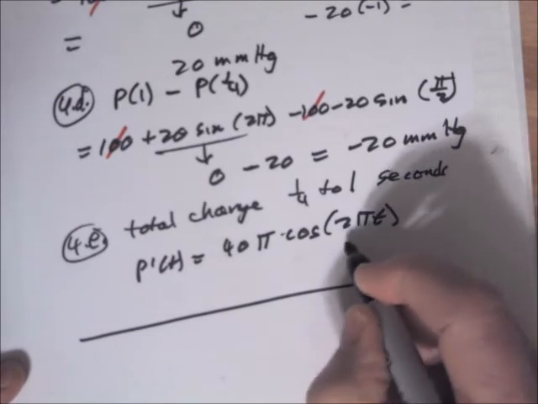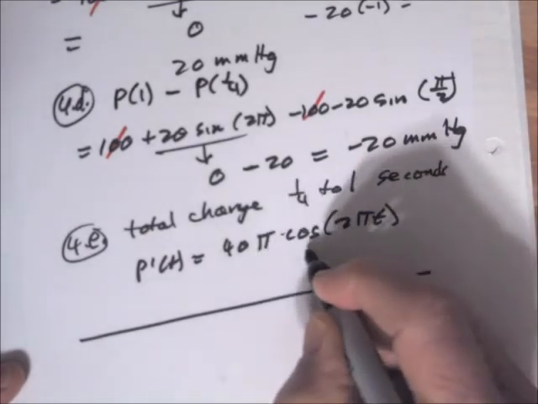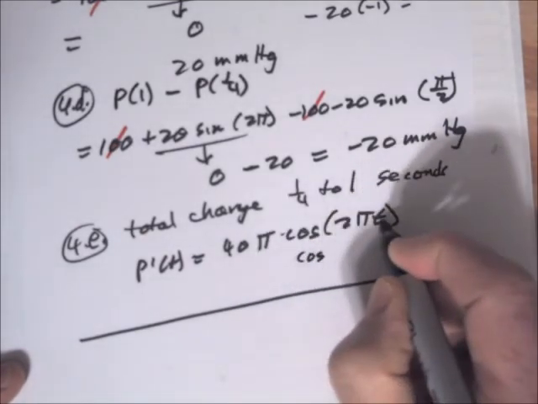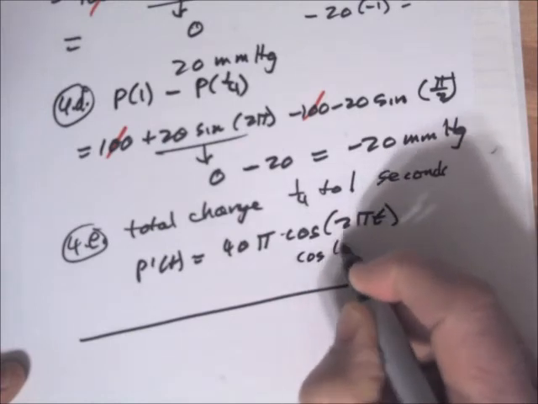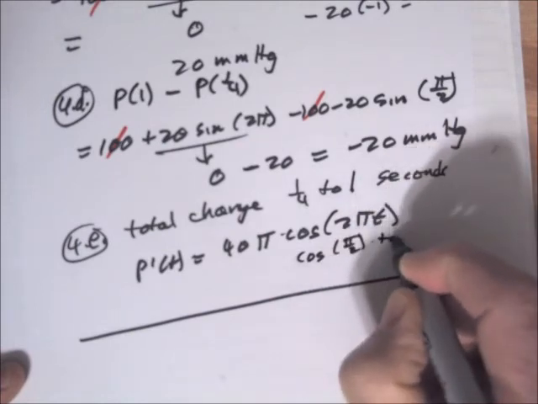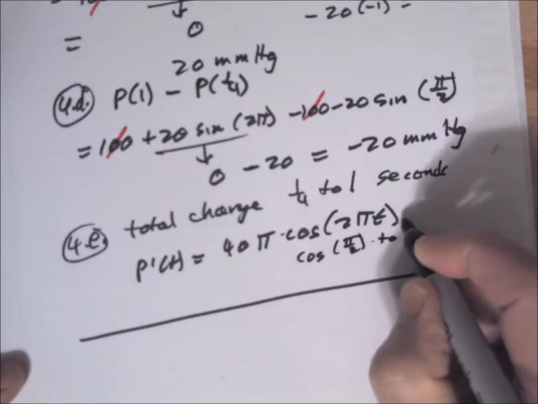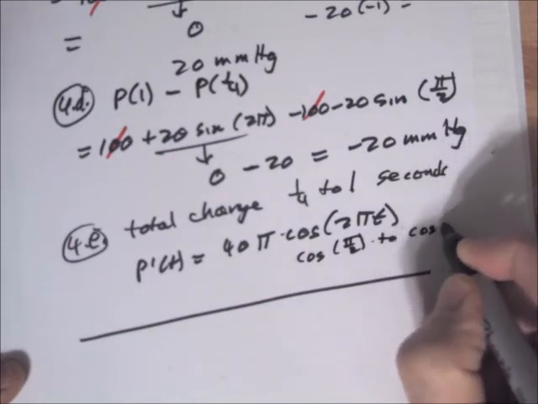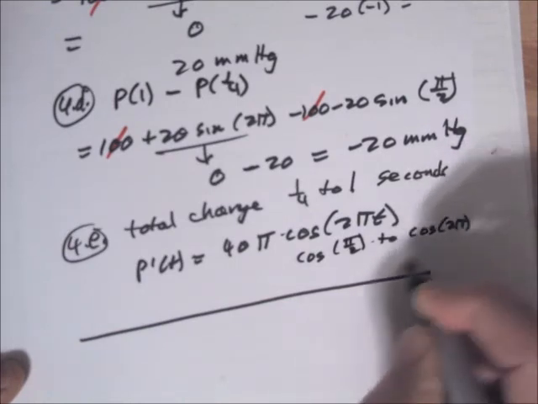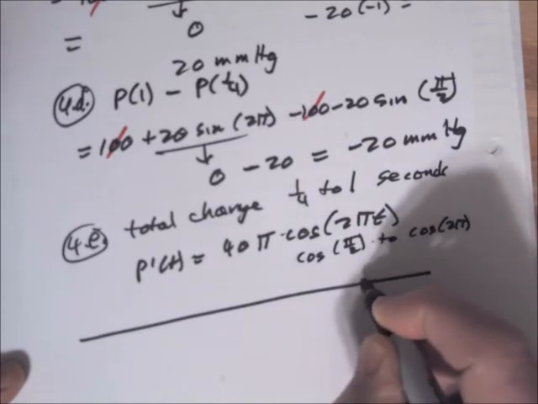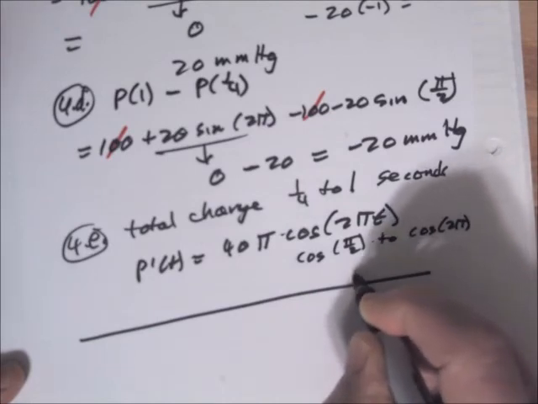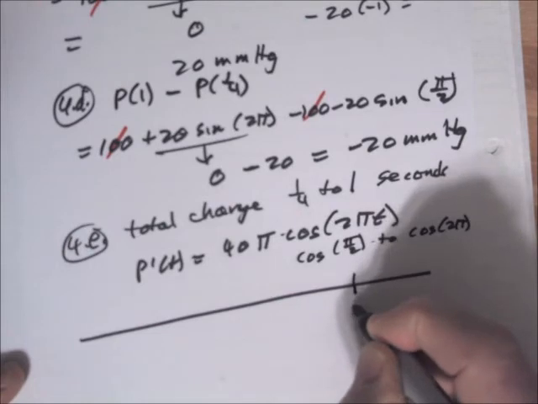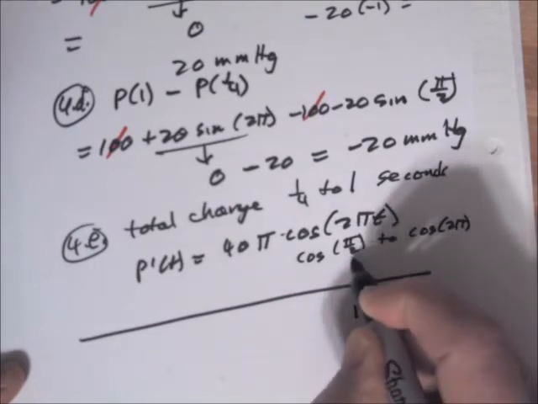If you put in 1/4 there, this is cosine pi over 2, and you put in 1 there, cosine of 2 pi.